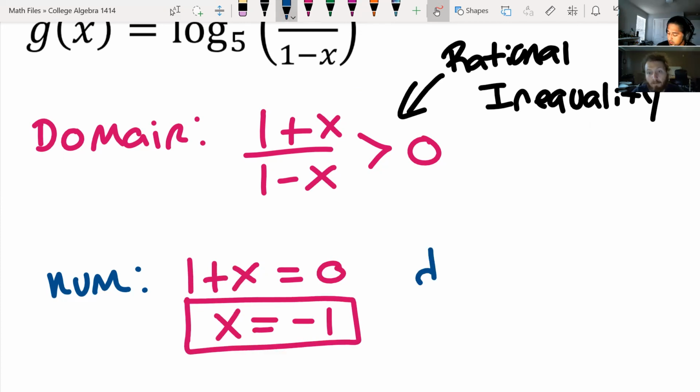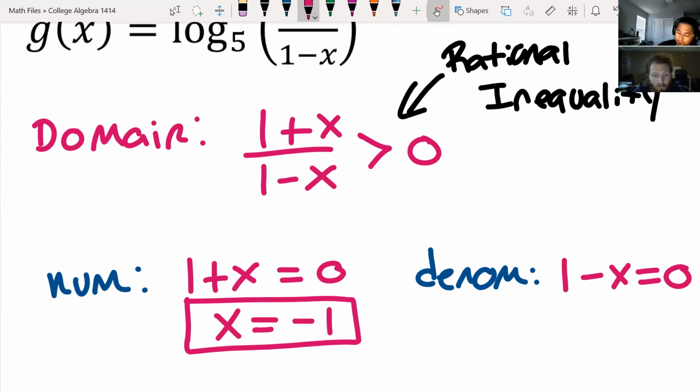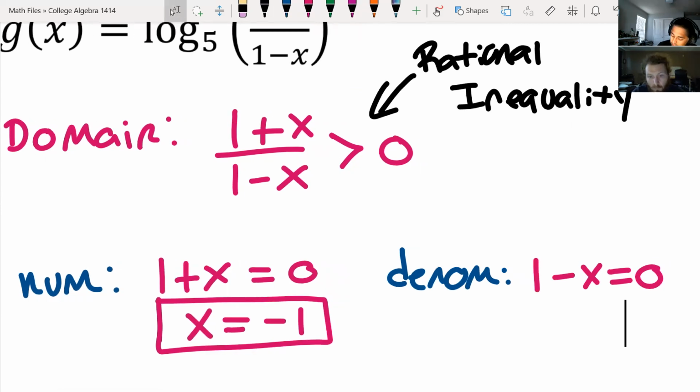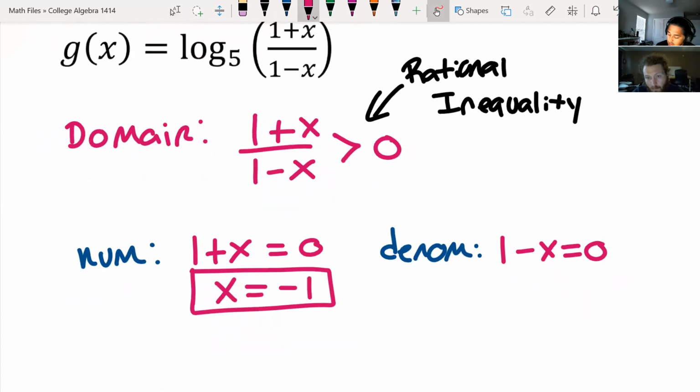And then denominator, set 1 minus x equal to 0, and you'll get 1 equals x. But since this is the denominator, we know this can't happen.